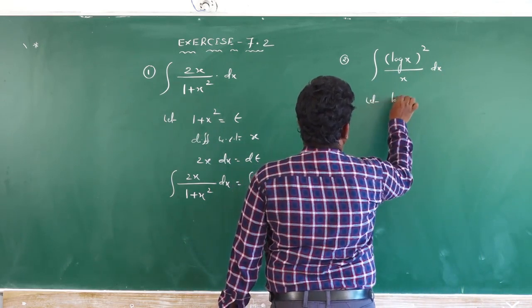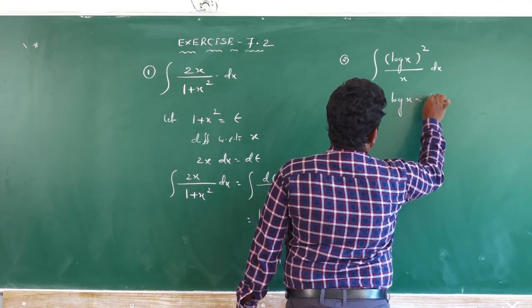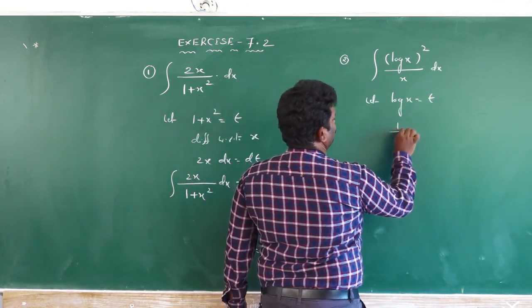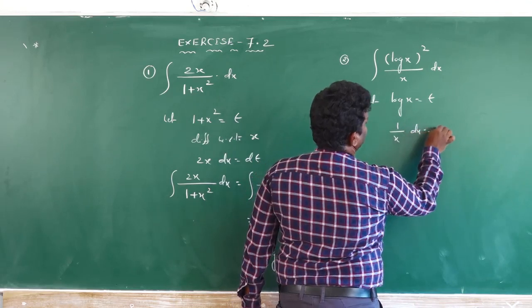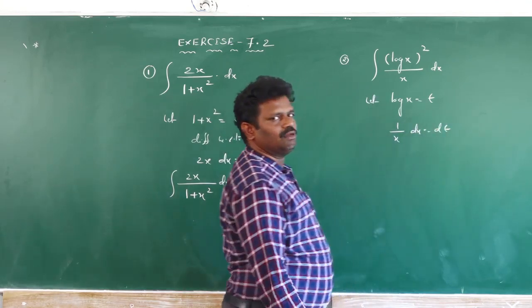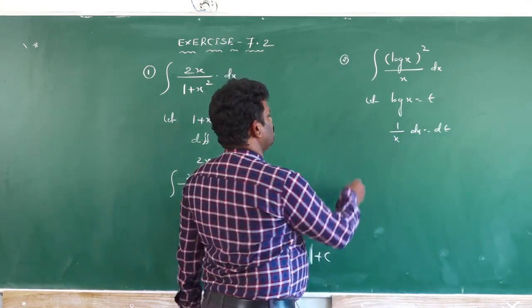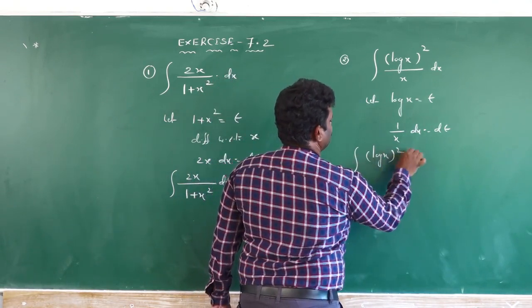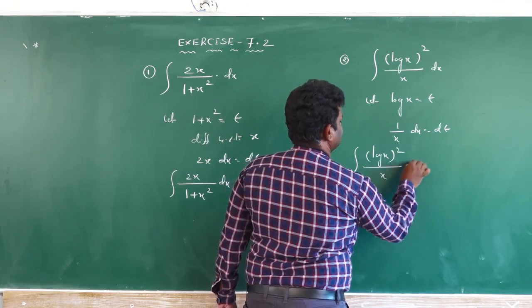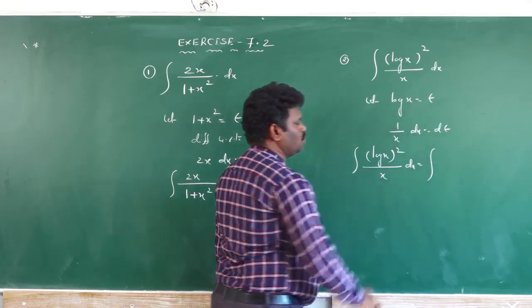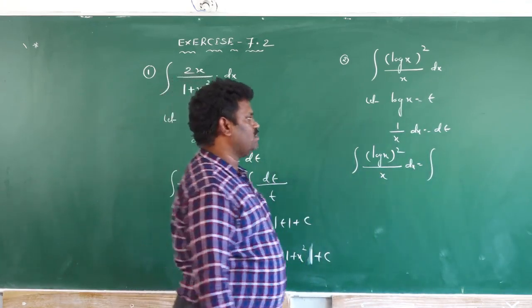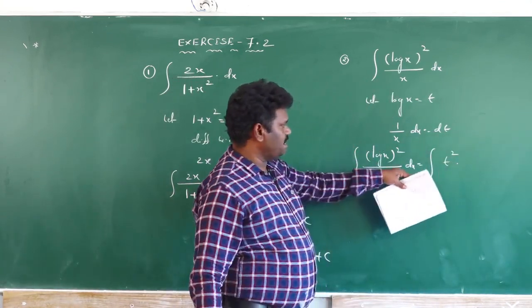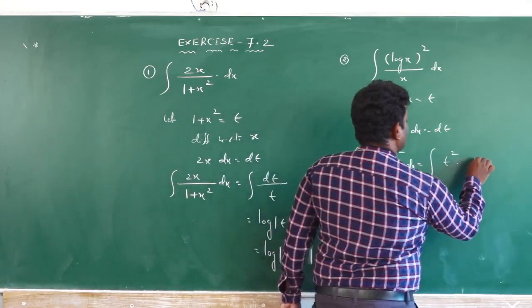Let log x is equal to t. Now what is the derivative of this function? 1 by x dx is equal to dt. Now the given integral of log x whole square by x dx: log x is equal to t, so t square, and 1 by x dx is equal to dt.